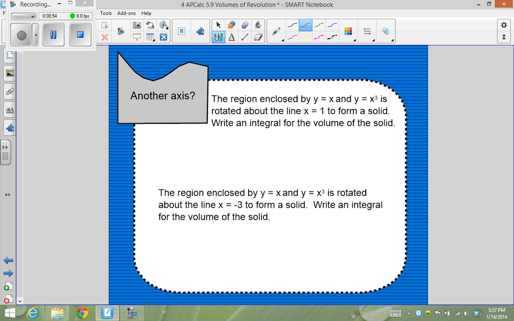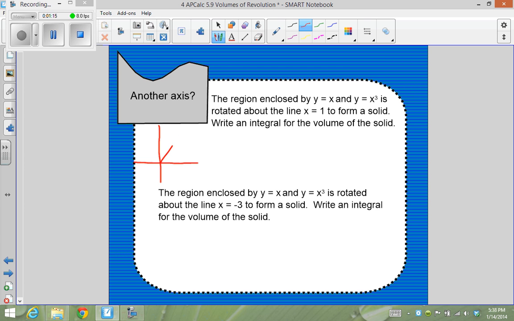We talked in class about going around some axis other than the X or Y axis. So we want to look again at going around a different axis and make sure we understand. A region enclosed by y equals x and y equals x cubed, that's going to be a function that comes in, looks like this.